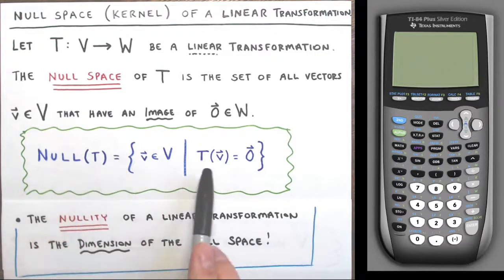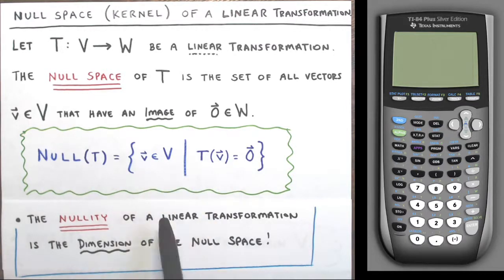So this vector space, the null space, whatever its dimension is, is called the nullity of T, the nullity of the transformation. And to find the dimension, we just need to find a basis, and however many vectors are in that basis for the null space is what the nullity of that transformation will be.